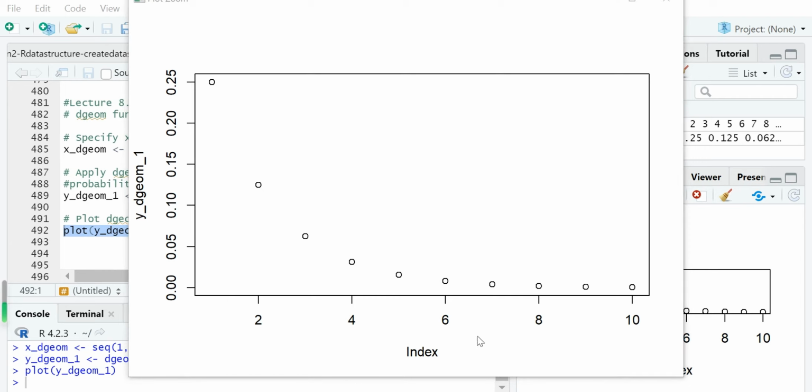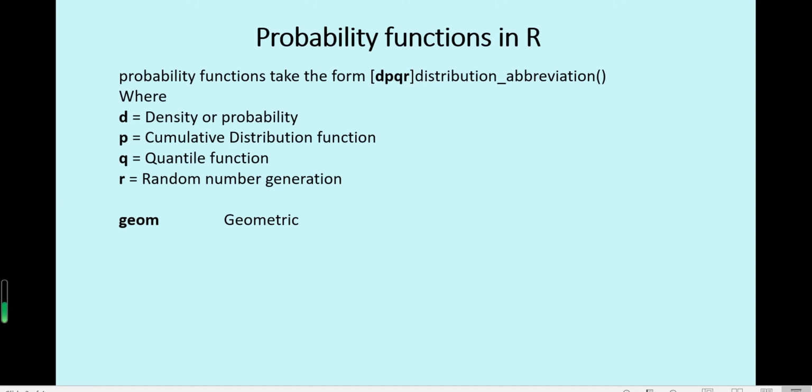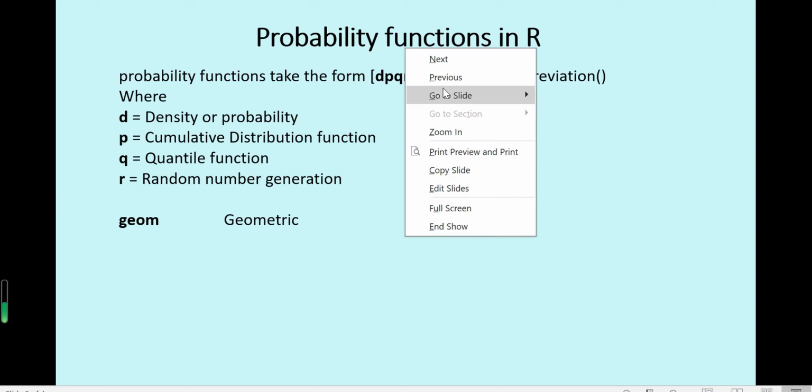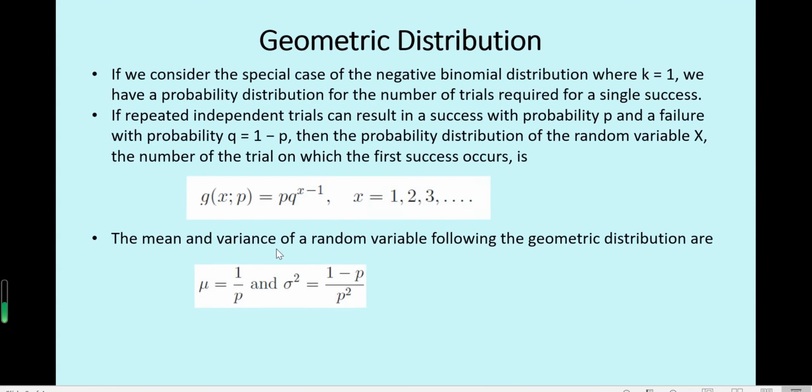This is because P, the success rate, is less than 1, and Q is also less than 1, right?